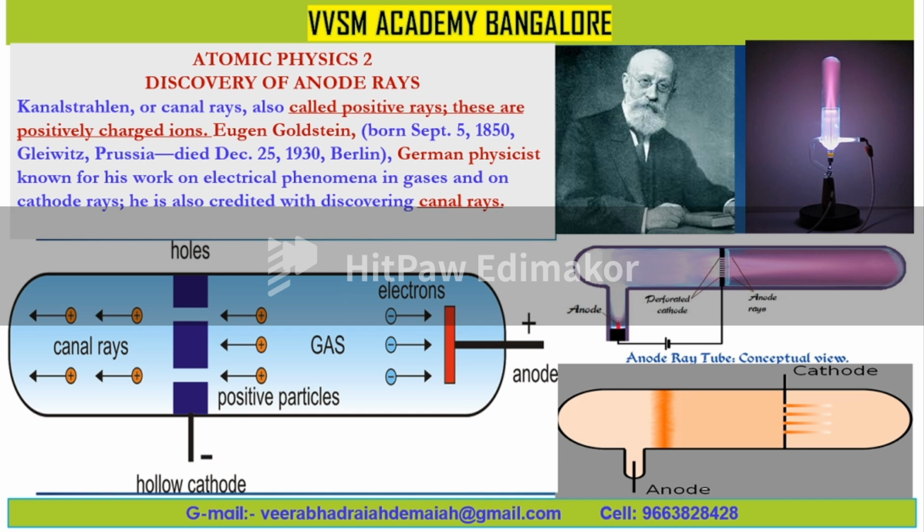My dear friends, in atomic physics, there are canal Strahlen or canal rays, also called positive rays. These are positively charged ions. Again, Goldstein, the scientist born in September 1850 in Gleiwitz, Prussia, died on December 25, 1930 in Berlin.